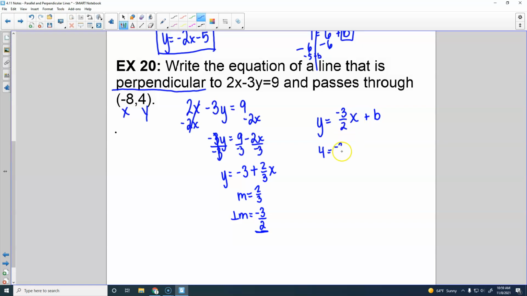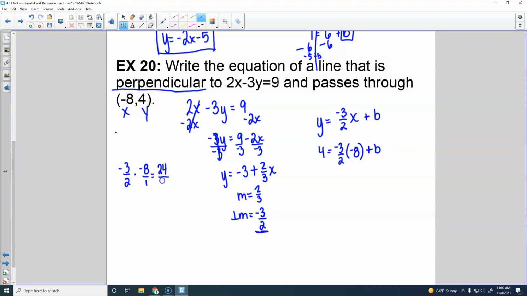Not 8. The slope stays here. And we replace the x with our negative 8 right there. Plus b. Good. And we got to do -3/2 times -8. That's like -8 over 1. What's that going to give us, Zane?